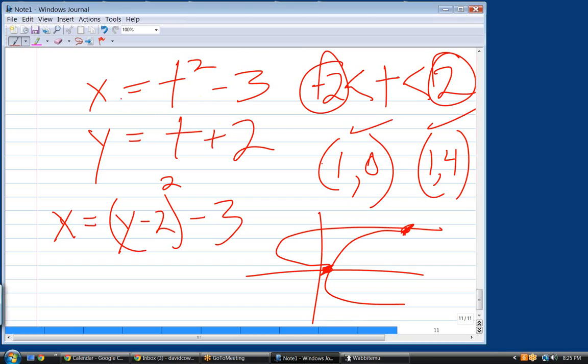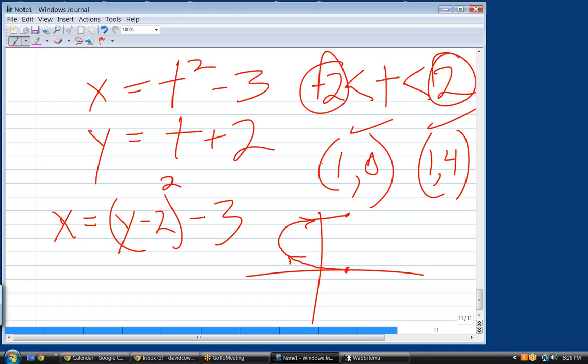In other words, when you have a parametrized set of equations, you can trace that graph out. I know it's a parabola, but where does the parabola start and where does it end? Well, it appears to start right here at 1 comma 0, and it appears to end up here at 1 comma 4. It opens to the right, so it would draw like this. If you put it in parametric mode and drew it on your calculator, it would look like that. If you had arrows, those arrows would go like that. Okay.